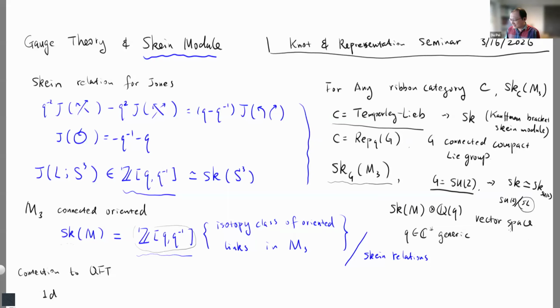And because it's a vector space, then there's an immediate connection with physics. So one can ask whether this can be the Hilbert space of a 1D quantum field theory, or equivalently, quantum mechanics.